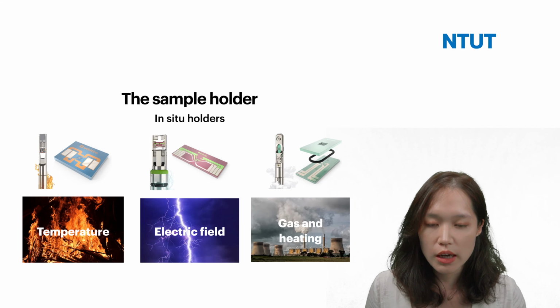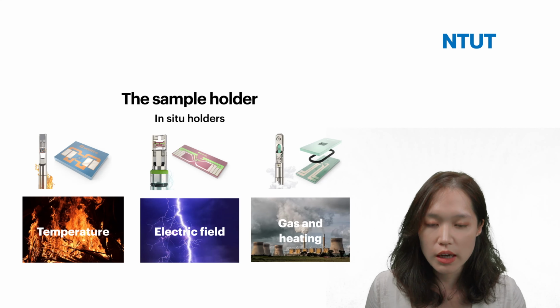The third one is slightly more unique, which is when we are pumping gas and heating through this sample holder itself. We can see that there is an O-ring on it, so it's a little bit thicker so that we can inject gas.